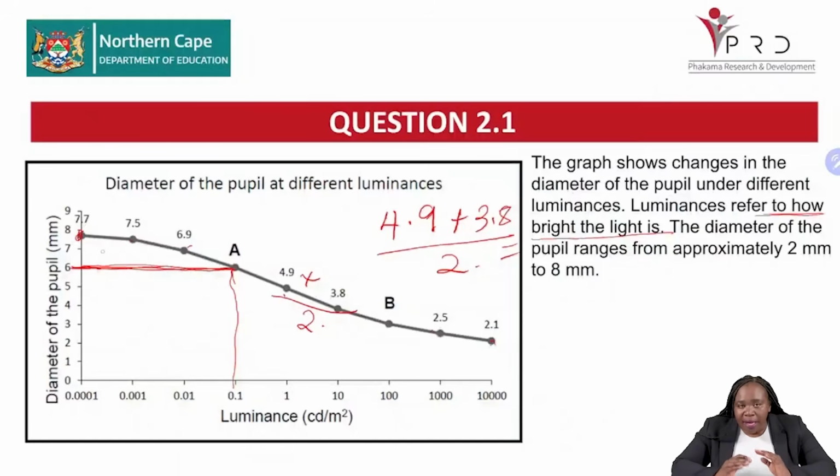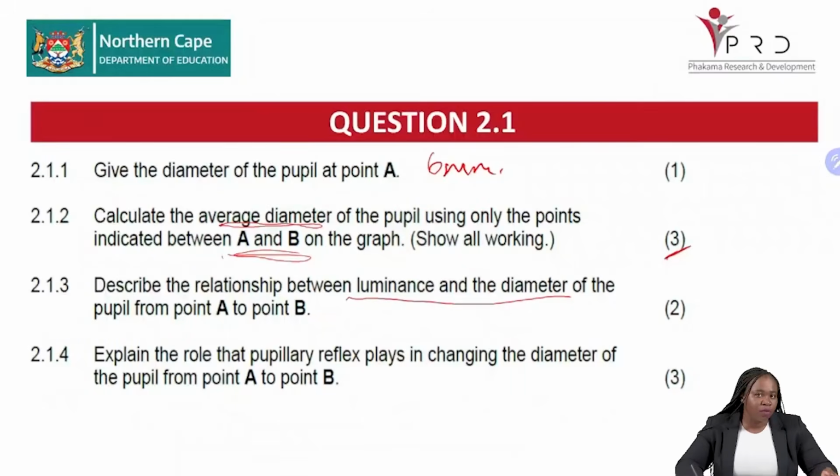Now, by that, you can also identify that the luminescence is our independent variable and the diameter of the pupil is our dependent variable, because the change in luminescence is what causes a change in the diameter of the pupil.